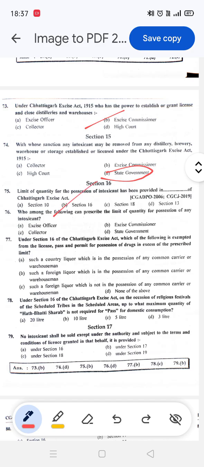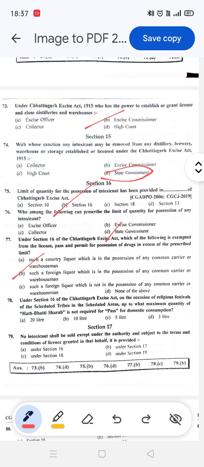Question number 76. Who among the following can prescribe the limit of quantity for possession of any intoxicant? So state government is empowered. Question number 77. Under section 16 of the Chhattisgarh Excise Act, which of the following is exempted from the license, pass and permit for possession of drugs in excess of the prescribed limit?